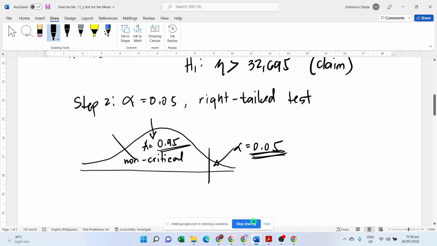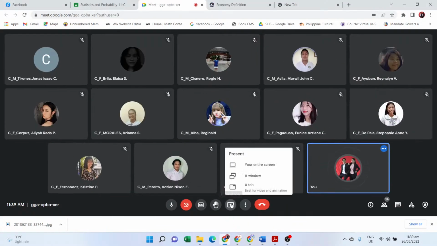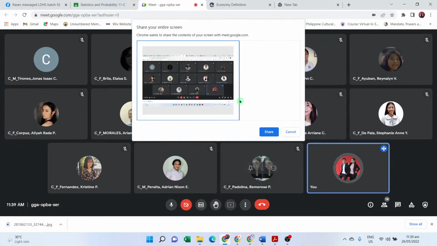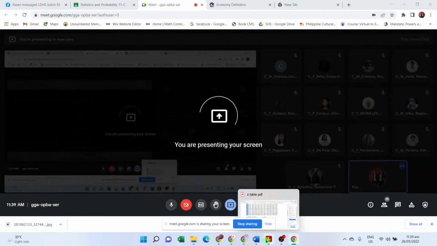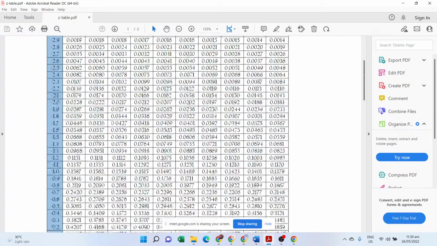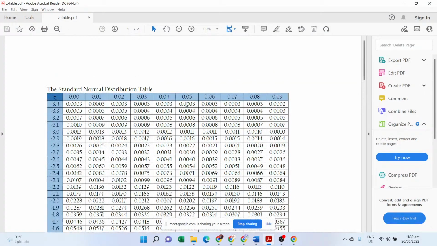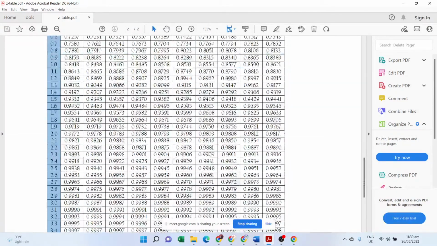Wait lang. Share ko yung screen ko para makita ninyo. Tignan natin yung 0.9500 dun sa table. Nasan yung 0.9500? Doon natin makukuha yung Z critical value. Area to the left is 0.9500.